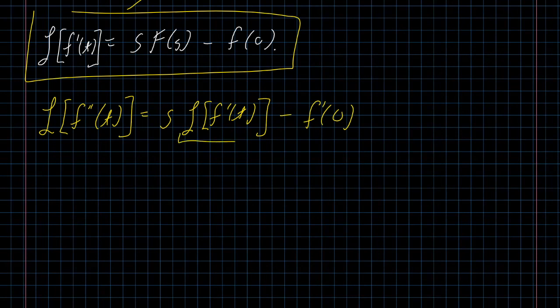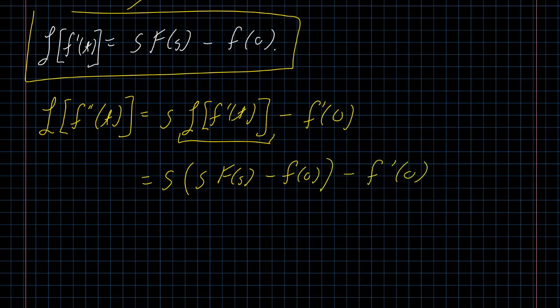And of course, we know that the Laplace transform of f prime of t is s times F of s minus f of 0. And if I distribute, I get s squared times big F of s minus s times f of 0 minus f prime of 0.